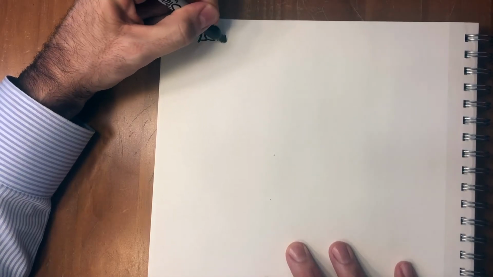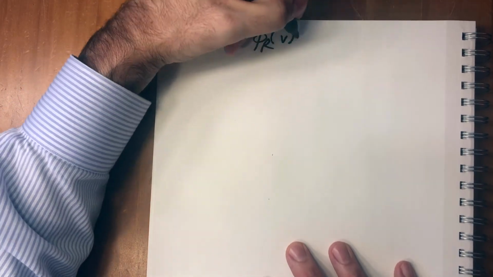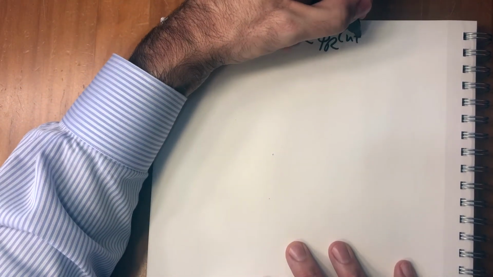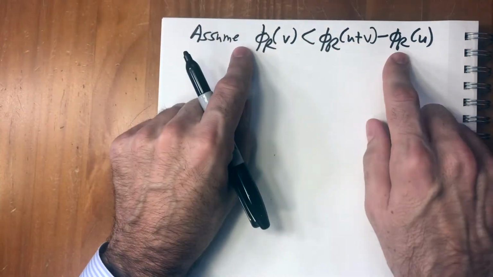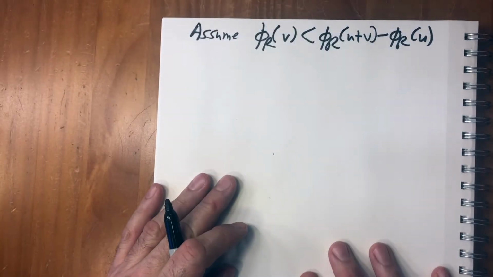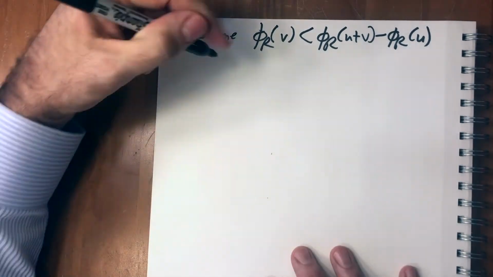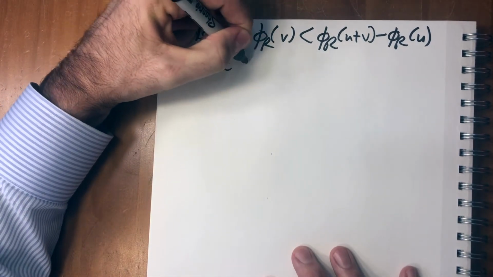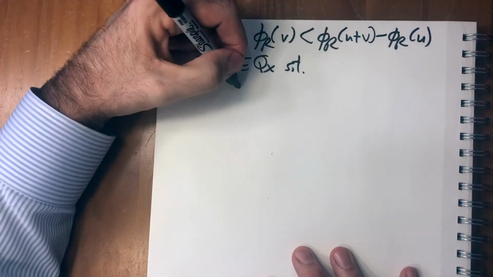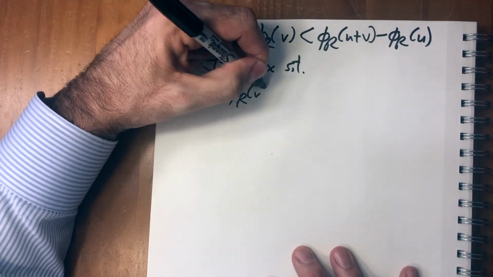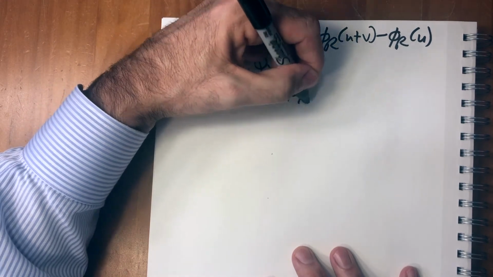So assume that phi r of v is less than phi r of u plus v minus phi r of u. What do we do whenever we have an inequality? We insert a rational number, right? So we're going to do the exact same thing. Then there exists a t element of Q such that phi r of v is less than phi r of t.